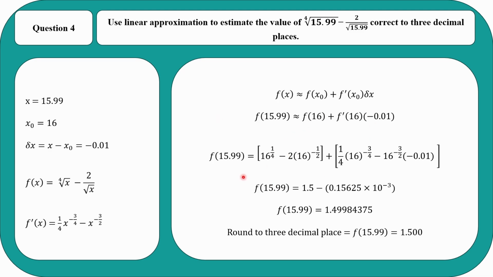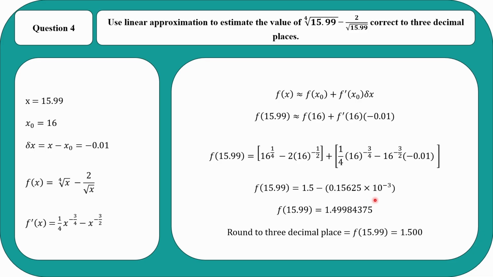We got 16 power 1 over 4 minus 2 times 16 power negative 1 over 2, plus 1 over 4 times 16 power negative 3 over 4 minus 16 power negative 3 over 2, times negative 0.01.